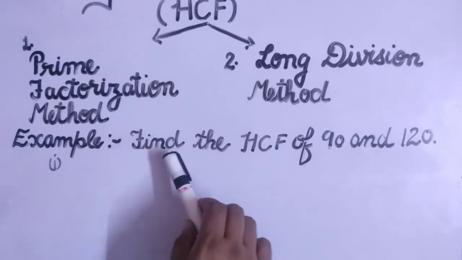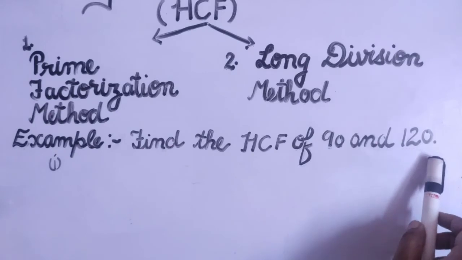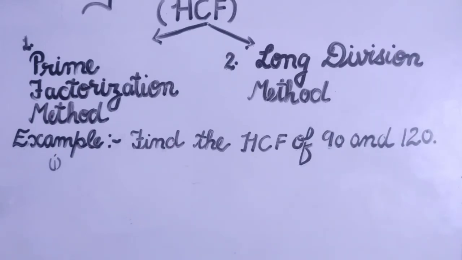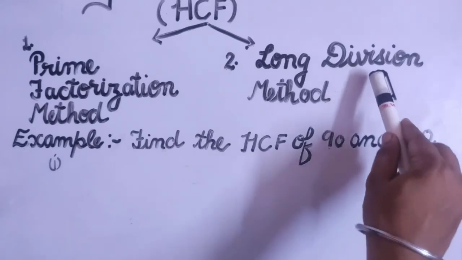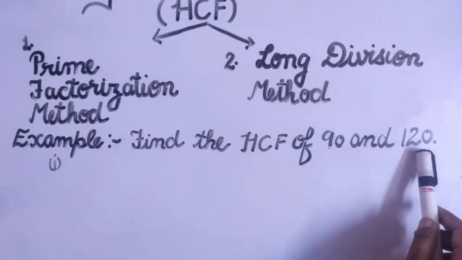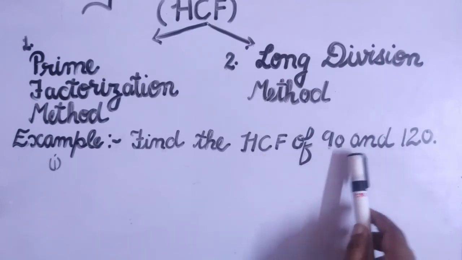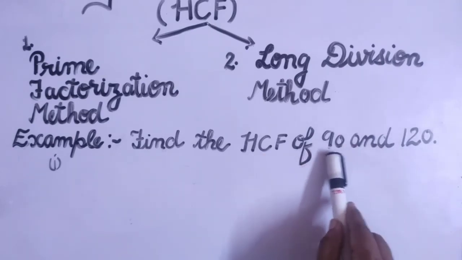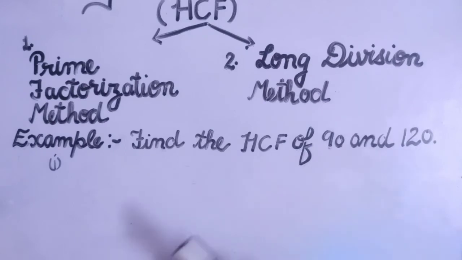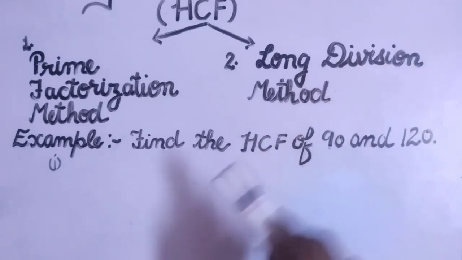Example is, find the HCF of 90 and 120. Students, let me tell you one thing. This second method is adopted when the numbers which are given to you for finding out the HCF are large numbers.